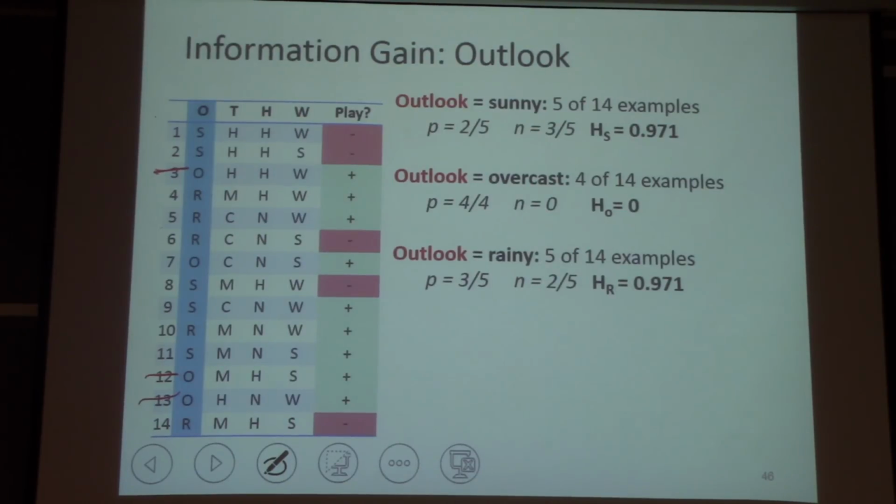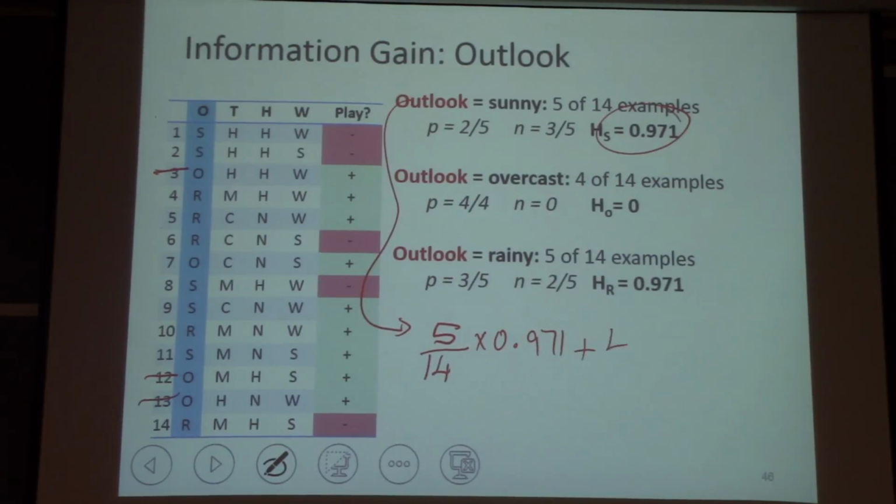And now I want to calculate the expected entropy of this particular partitioning. So there are 5 examples with outlook sunny, with this number here, plus that number.